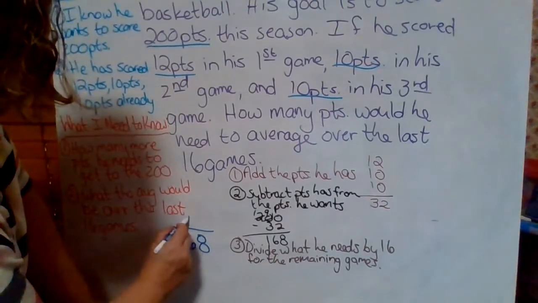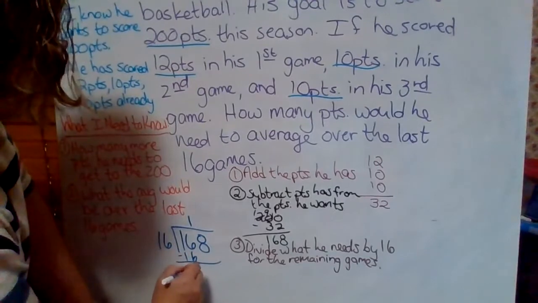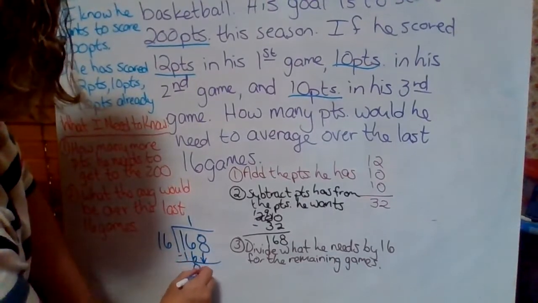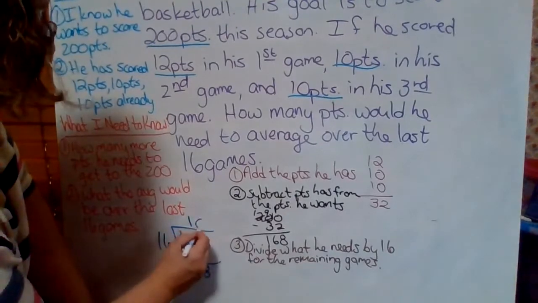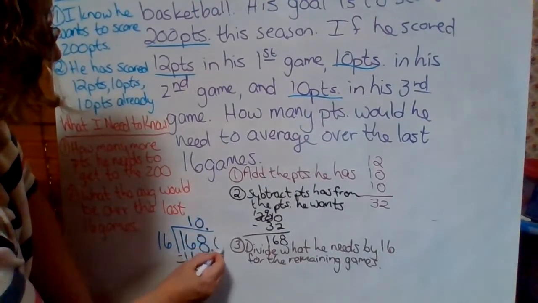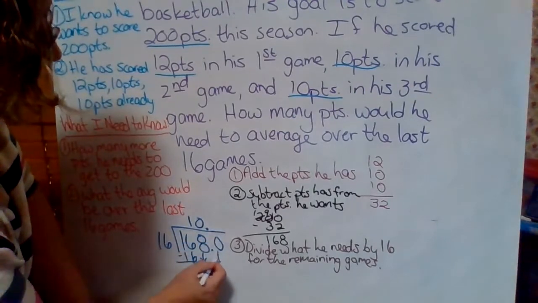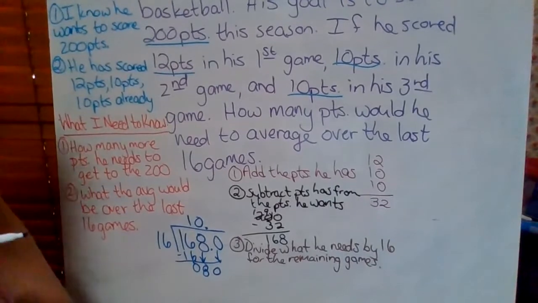16 goes into 16 once. Bring down your 8. Does 16 go into 8? No. So now I'm going to add a decimal here. I'm going to add a 0. Bring it down. How many times does 16 go into 80?